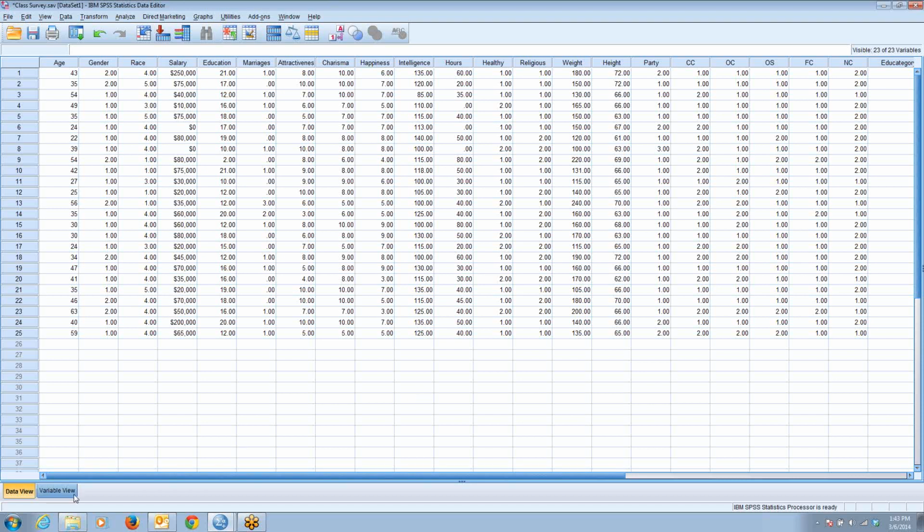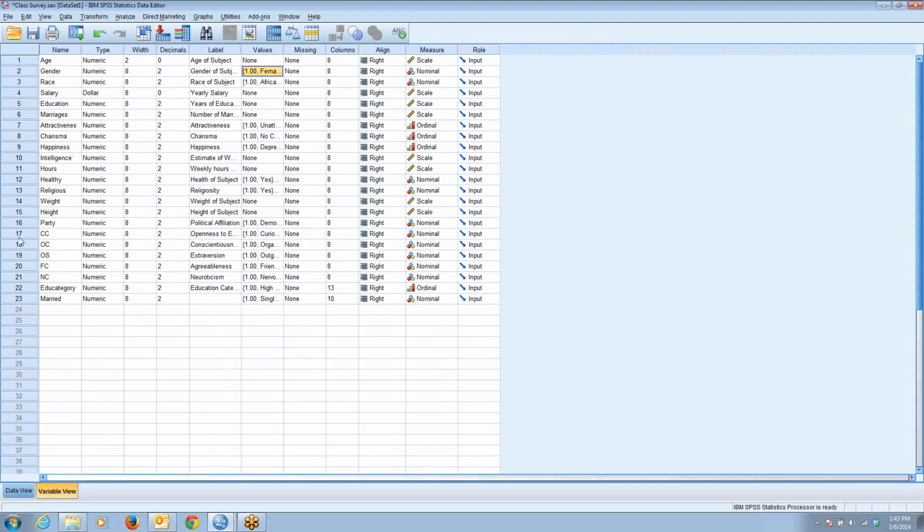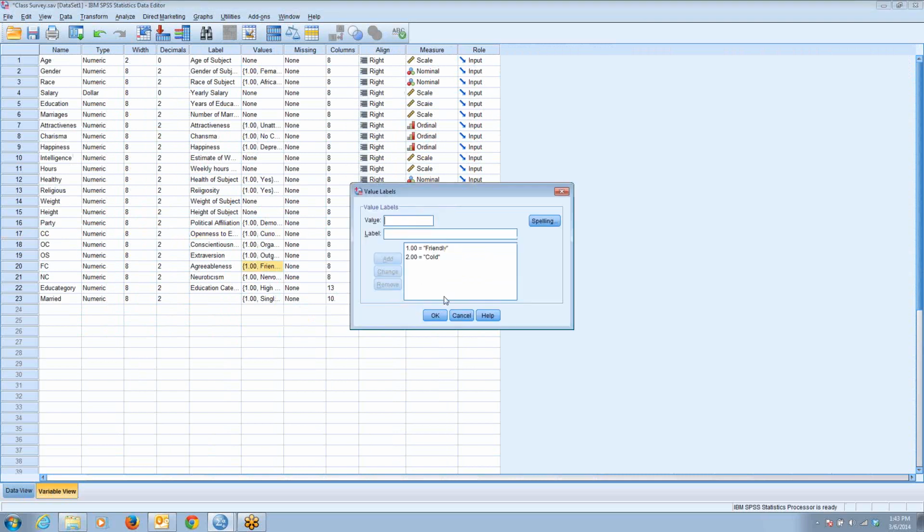And then let's say we'll divide up people who are friendly versus cold, and we'll do happiness by friendly versus cold. So I want to see the average happiness score for friendly people and the average happiness score for cold people.